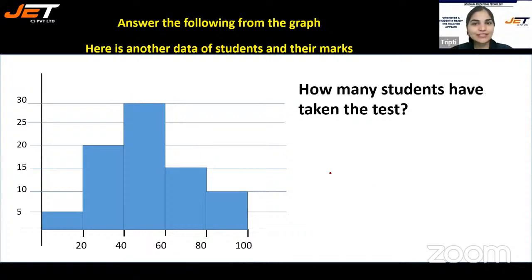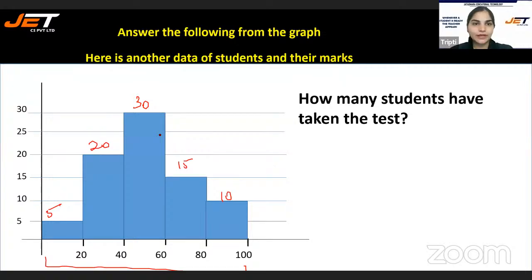Next is how many students have taken the test. So if it says taken the test, that means you have to take all into consideration. 5 plus 20 plus 30 plus 15 and plus 10. Waiting for your response.